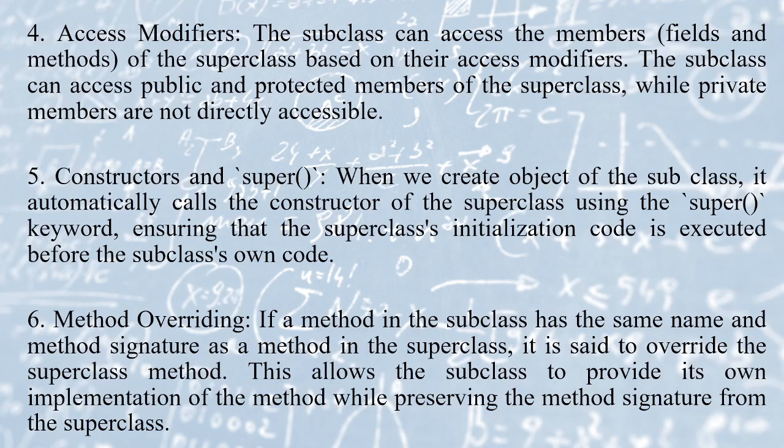Now, we'll talk about constructors and super. The super keyword is what would come here. When we create an object of the subclass, it automatically calls the constructor of the superclass using the super keyword. Whether we use it or not, it is already there by default, which ensures that the initialization code of the superclass is executed before the code of the subclass.